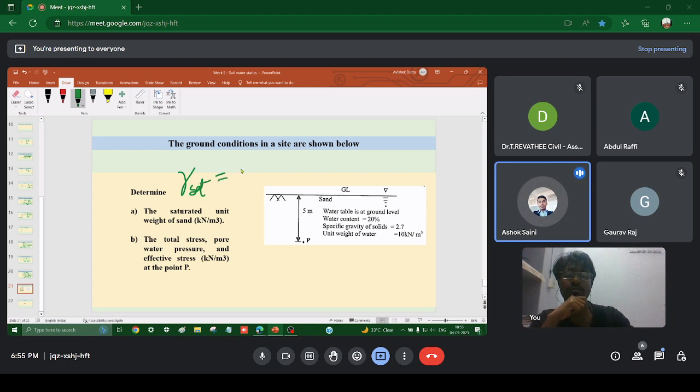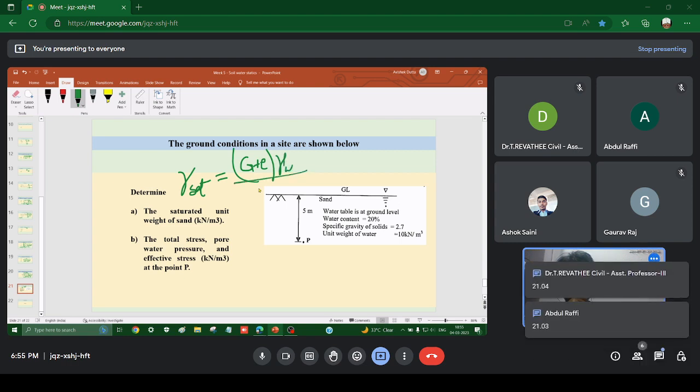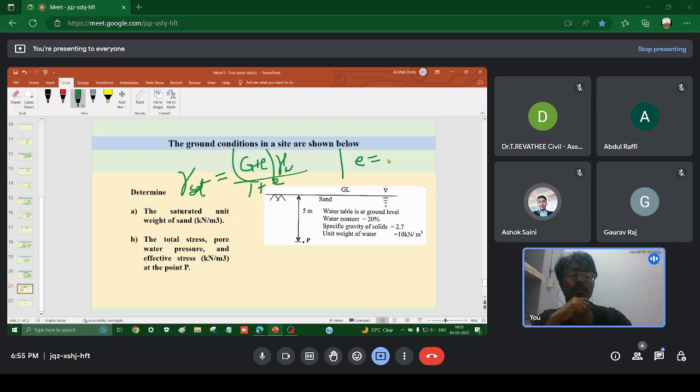Gamma sat equals (G plus E) gamma W by 1 plus E, isn't it? What is E for saturated soil? E equals to actually WG by S. S is equal to 1, so it will be WG. So I think E you are getting something around 0.5, right? 0.54, right?